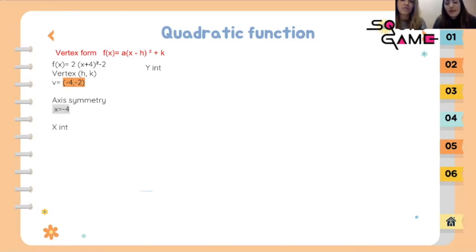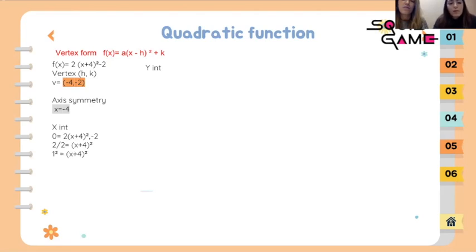4. Then the following thing is to solve the x-intercept. Replace y with 0. We move the 2 to the other side and divide by the 2 that is multiplying the (x plus 4) squared.